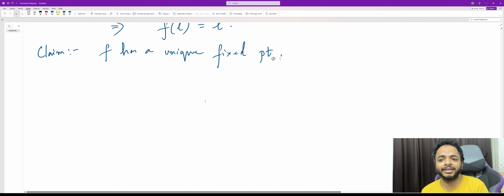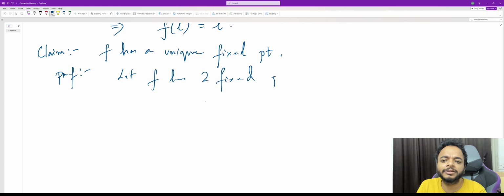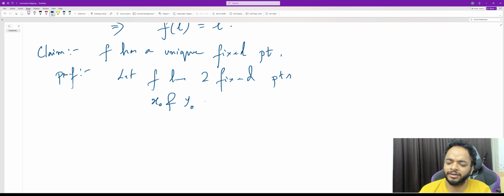Okay, so let's try to prove it. How do we prove that? We usually prove this uniqueness by contradiction. Suppose f has two fixed points, let's say L1 and L2.